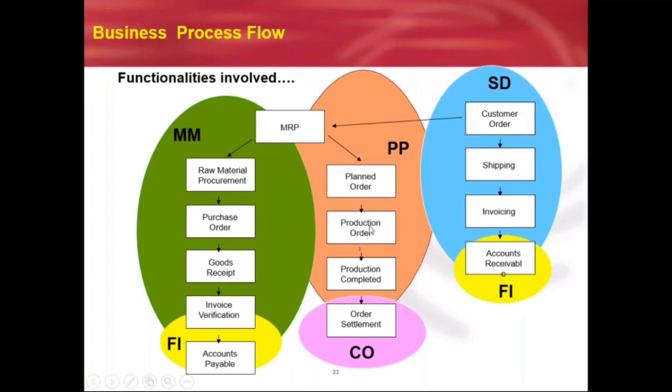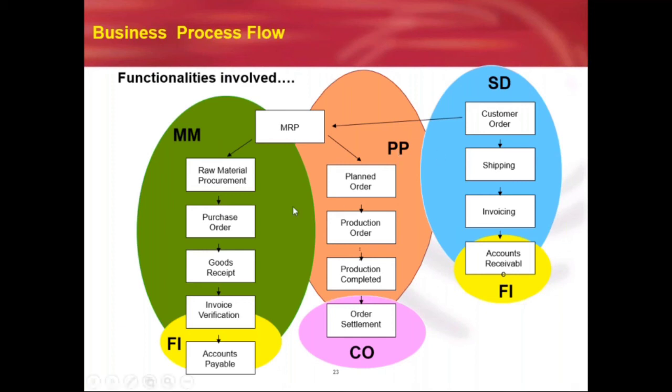When the production department has the stocks of the raw materials, then they will think about the production planning activities. Finally, it ends with the costing department, controlling. And later on, again as a customer order, ship the material, sales billing, and accounts receivables, receiving the payments from the customer.